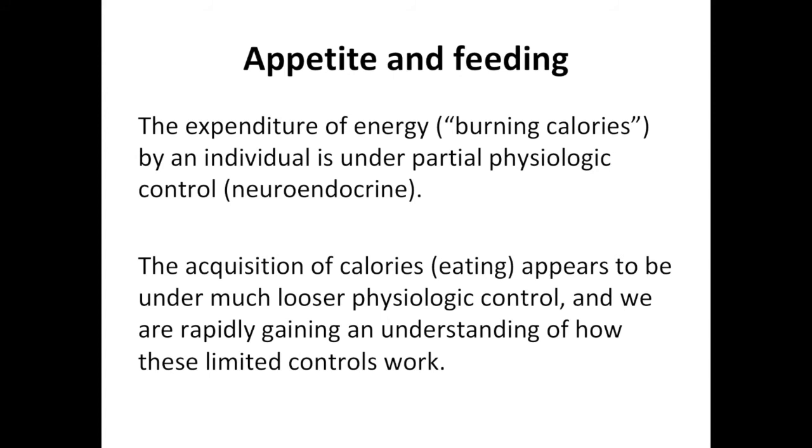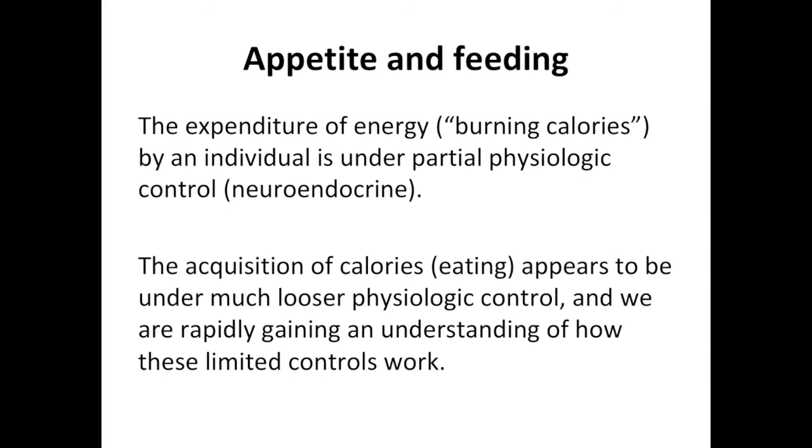And so, whereas we regulate our energy balance in the body by neuroendocrine controls, how much we eat contributes to that balance, and appetite and satiety are under a complex control of neuroendocrine mechanisms.